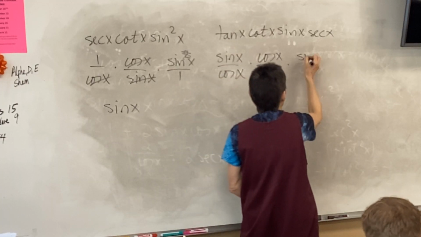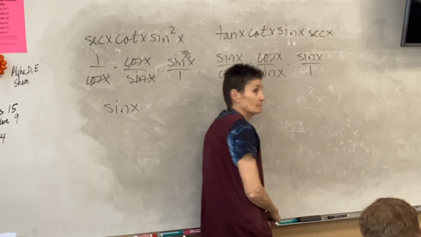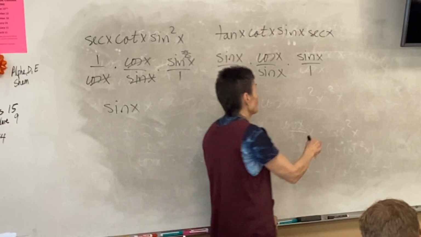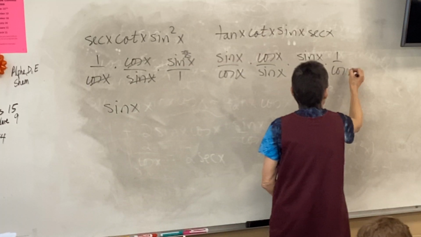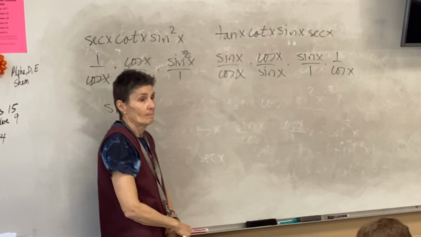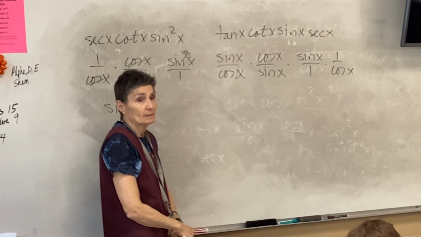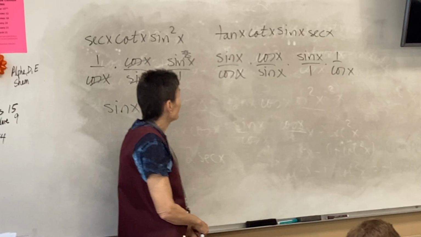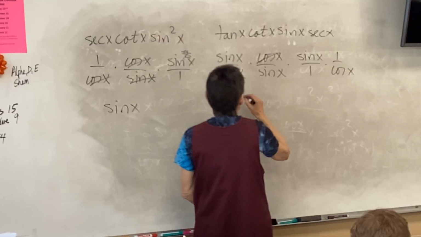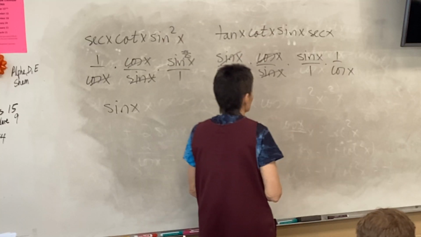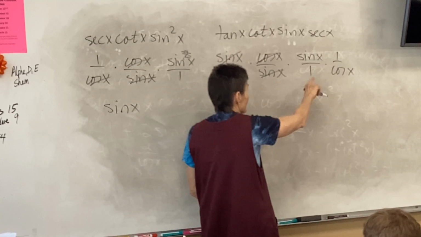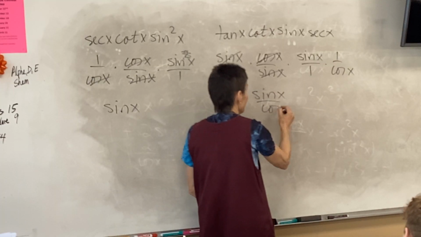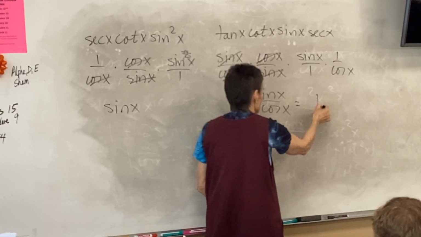So that's just going to be sine over 1. And then secant, 1 over cosine. It's all multiplied. So any top can cancel with any bottom. So let's see, cosines are gone, sines are gone. None of that cancels. So we're going to be left with sine over cosine, which is tangent.